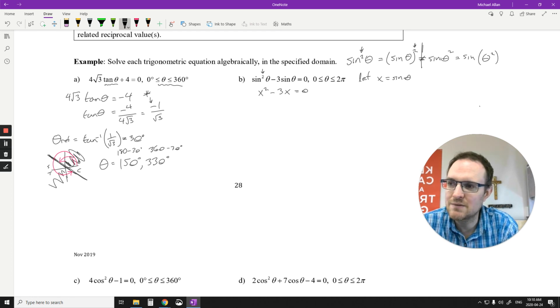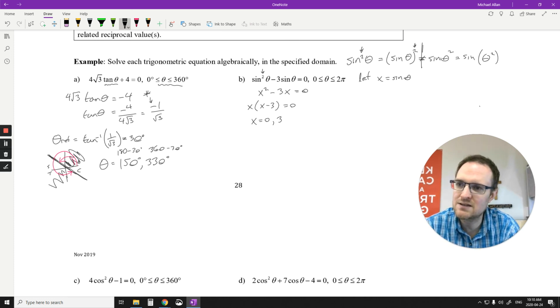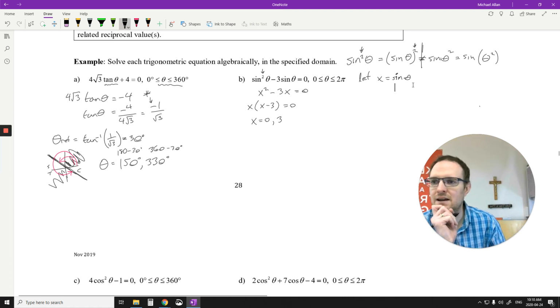Now I'm going to solve this equation for x. So I'm going to factor the x out. Then say, okay, what would make this equal to 0? x would have to be 0, and it would have to be 3. Then I'm going to replace this x, because I said x was sine theta. So up here I said x had to be sine theta, so I'm going to replace this x that I have down here with sine theta again.